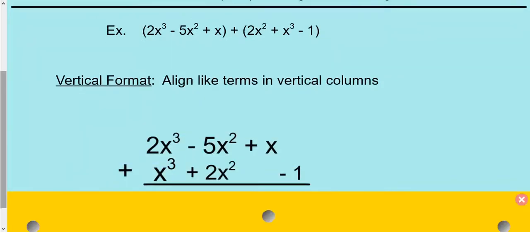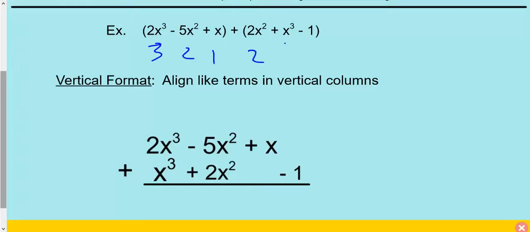Here's the vertical format. You're going to make sure that your polynomials are in descending order. So we've got 2x cubed, then 3, 2, 1, you have 2, 3, negative 1. This is not in the correct format, so you want to adjust it so it looks like that. Then you bring your terms down.